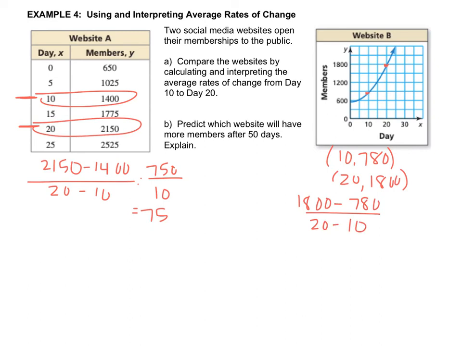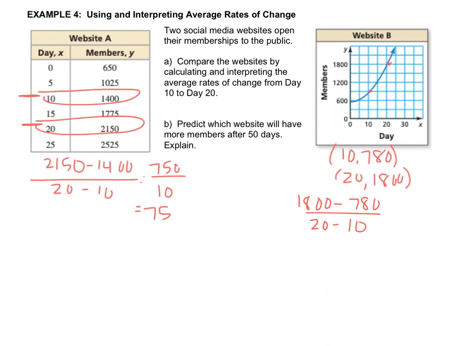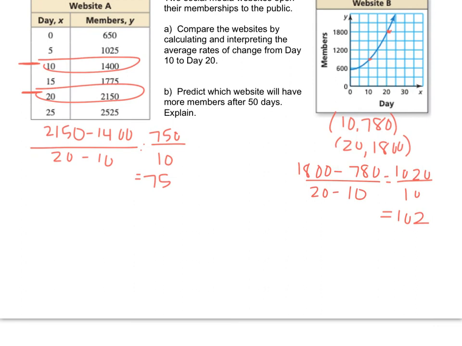So that's 1020 over 10, so it's 102. So then website B is faster. It doesn't necessarily mean that website B is always faster. It just means from day 10 to 20, website B was faster.